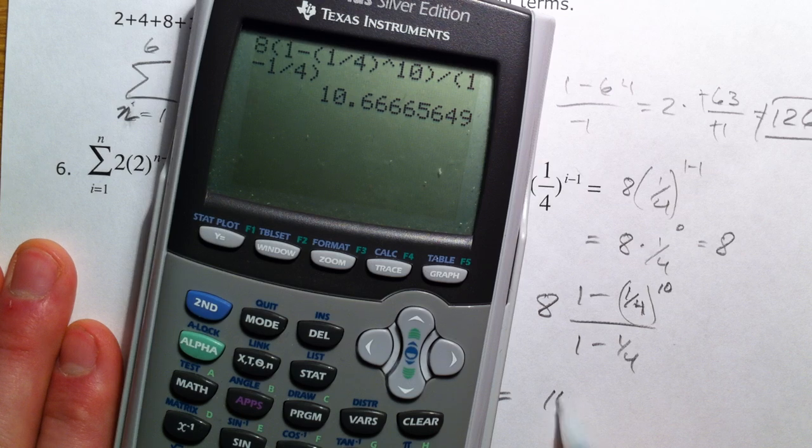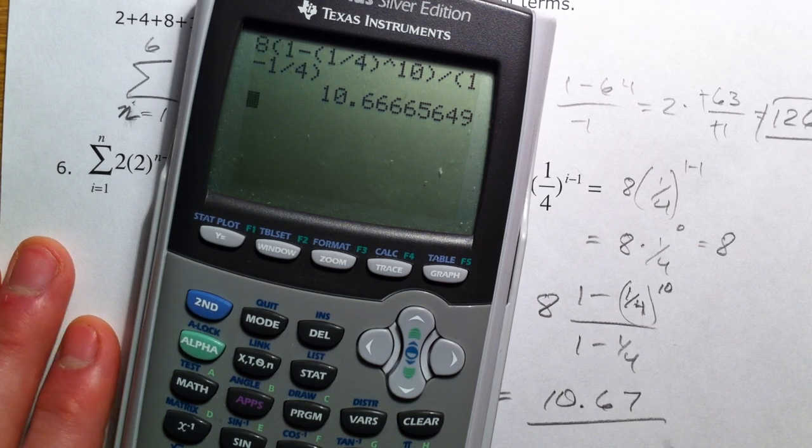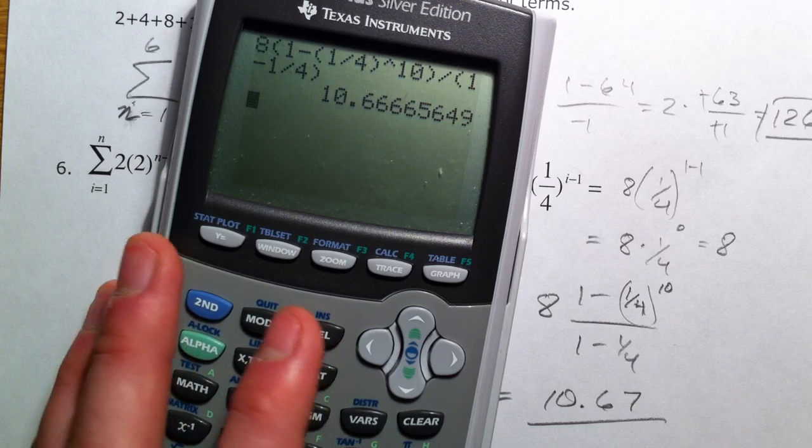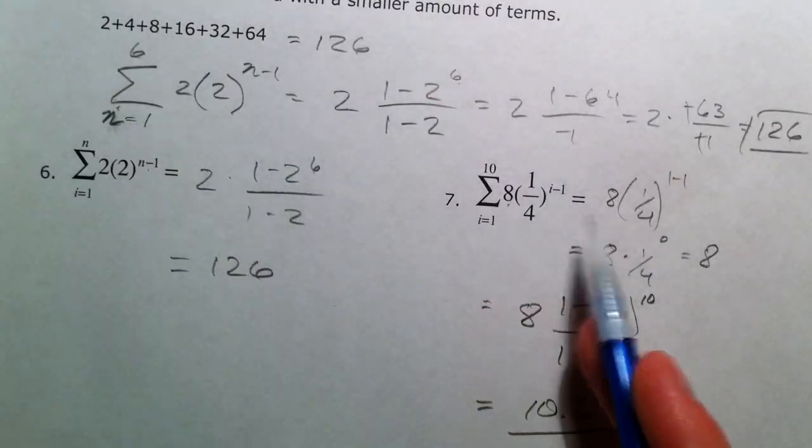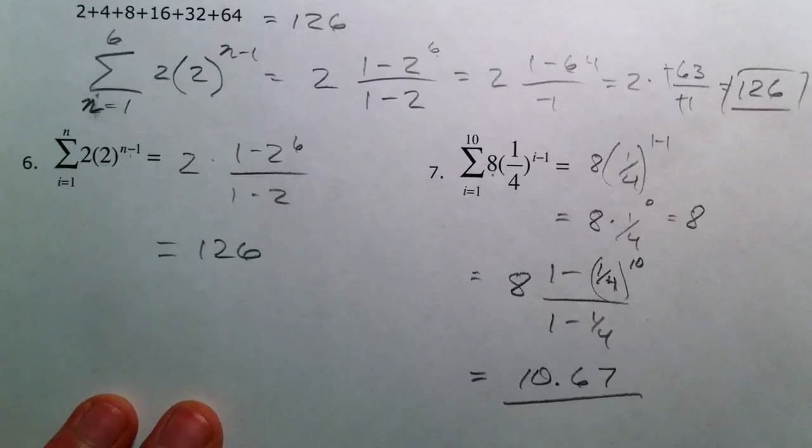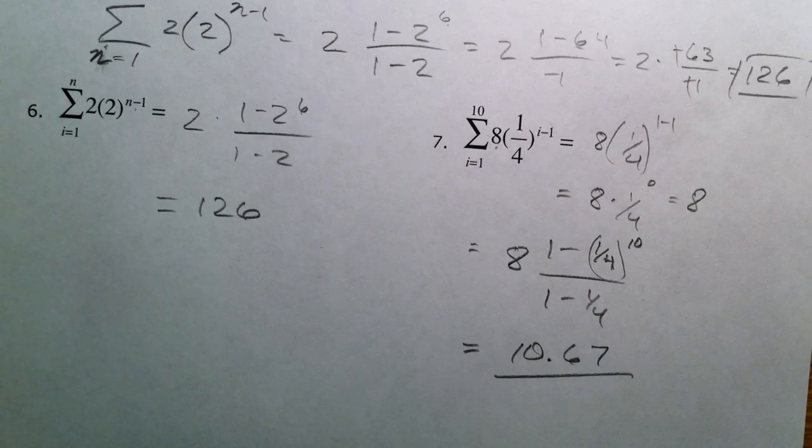So that's 10.67. And this is much preferred to actually finding the 10 terms and adding those together. And what we're going to do next is infinite geometric, and that's much preferred to actually adding them up infinitely many times. There you have it.